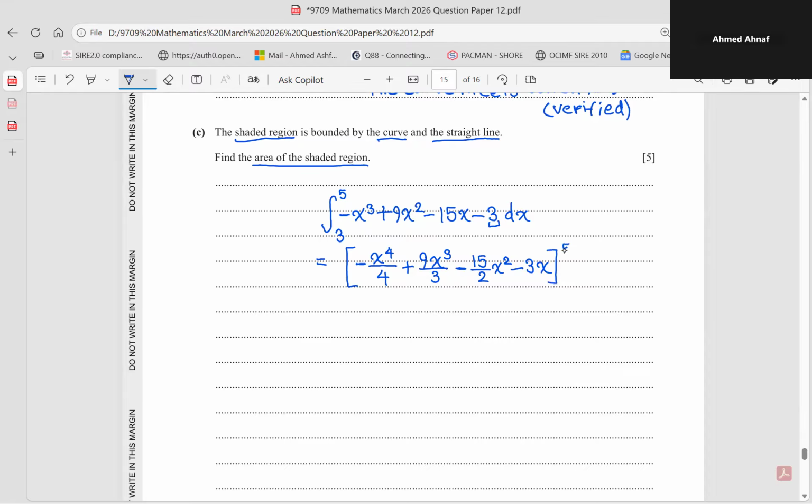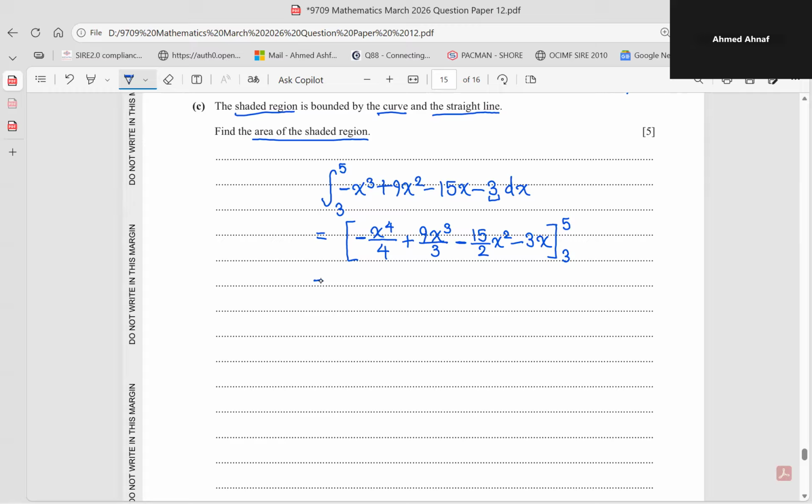And then just put your lower and upper limits on the right-hand side, and you just substitute them one by one. So you substitute the 5 first, so you get minus 5 to the power of 4 over 4 plus 9 over 3, that is just 3, yeah. So it's just 3x cubed.